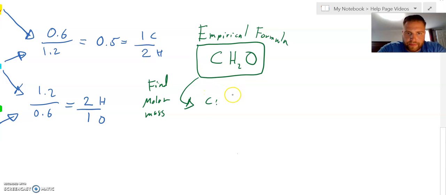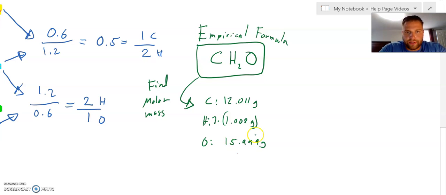So carbon was 12.011 grams. Hydrogen is 1.008 grams. Remember, there's 2 of them, so we'll have to multiply that out by 2. And then remember, oxygen was 15.999, and according to this formula, there's only 1 of them. What I'm going to do is multiply out the hydrogens and then add all of this together.